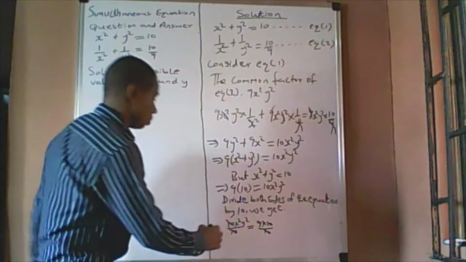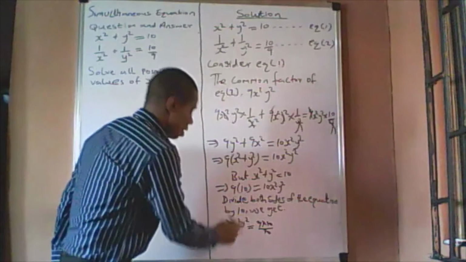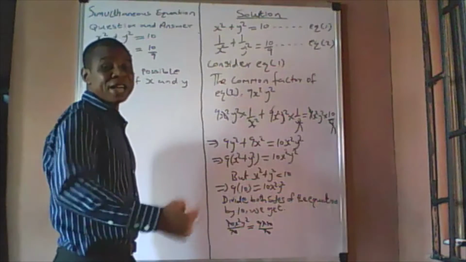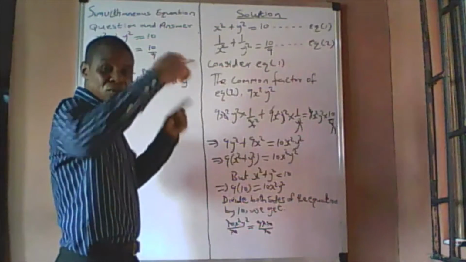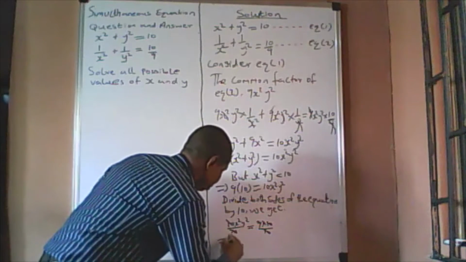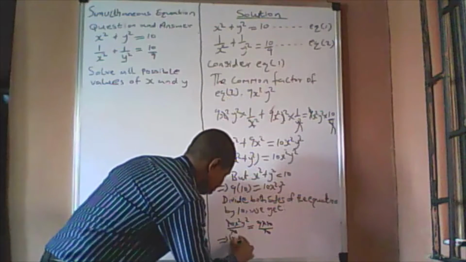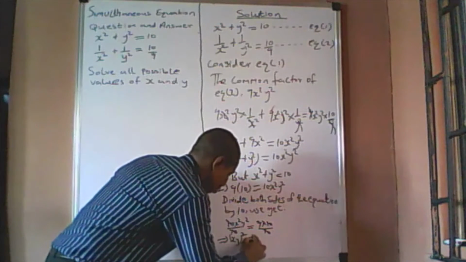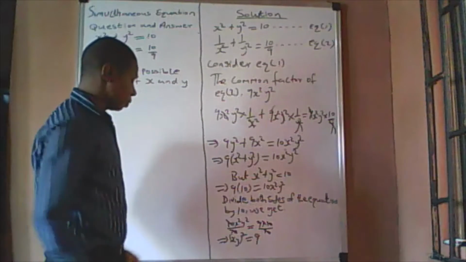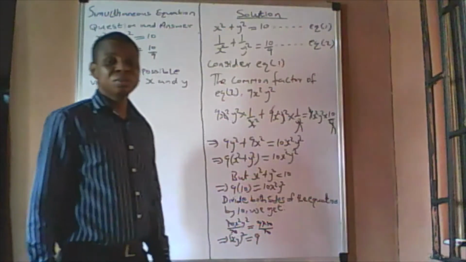It remains x squared times y squared, which is the same as x times y raised to power 2, equal to 9. Then we are going to take the square root of both sides of the equation.